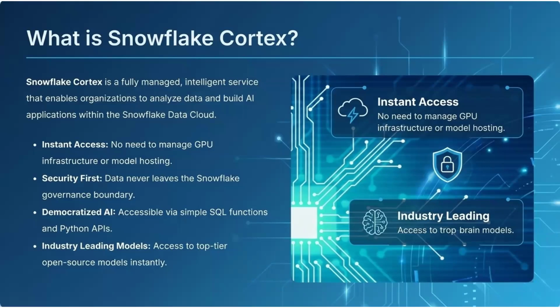The nature of any Cortex functionality is to support managing the entire ML or AI as a service, and Snowflake is coming up with a fully managed intelligent service which allows enterprises to analyze data and build applications using the Snowflake AI and Data Cloud.